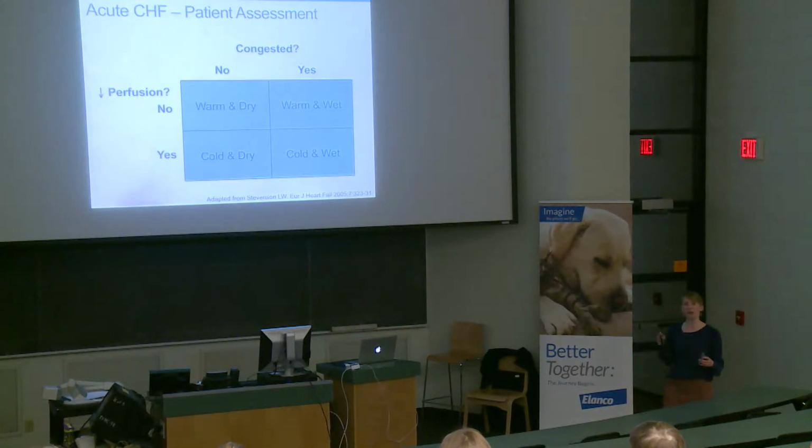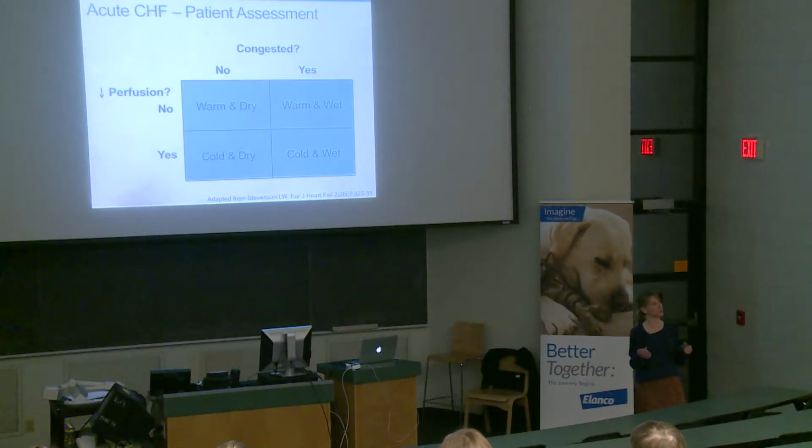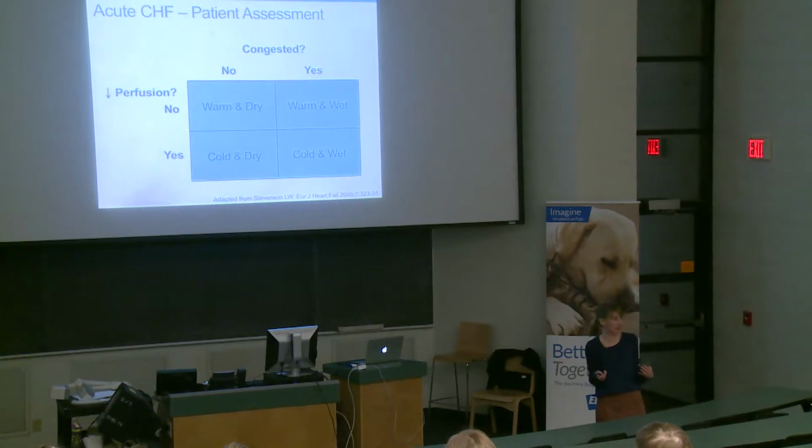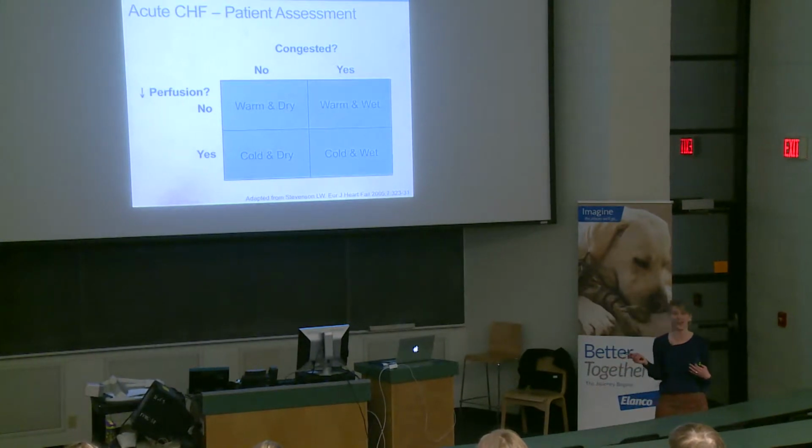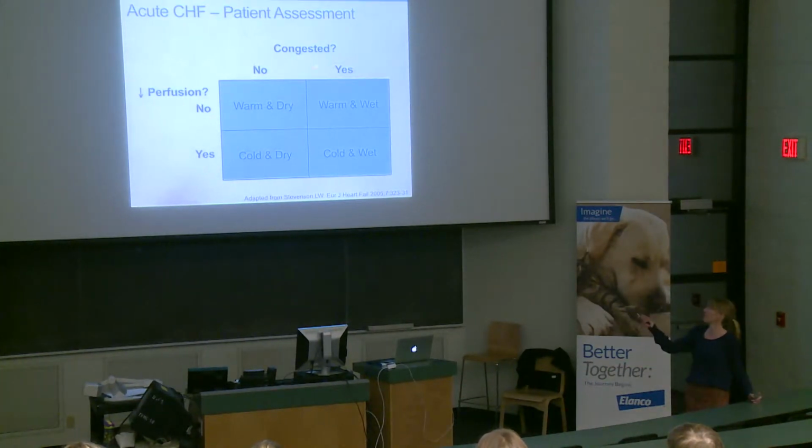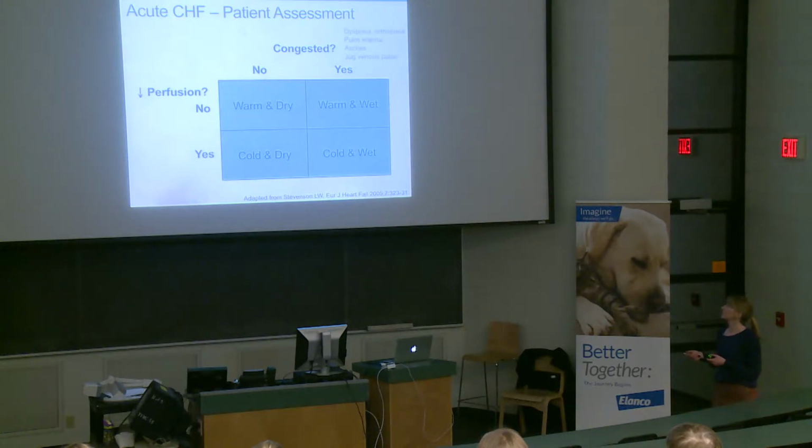And essentially what we are trying to do with every individual is make some assessment of, are they congested, and if so, how much? And naturally, because we're talking about acute congestive heart failure, the answer to that question is usually going to be yes, because those are the patients we're talking about. And how do we assess that? Well, we're going to look at a number of different easy clinical parameters. So are they dyspneic? Are they orthopneic?